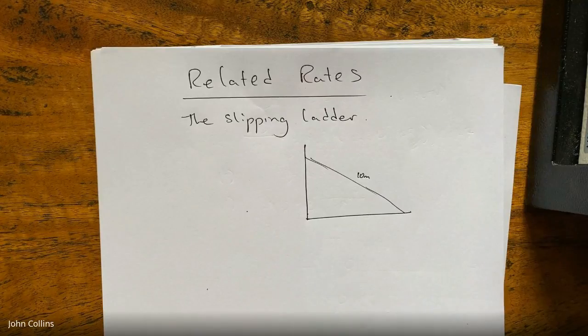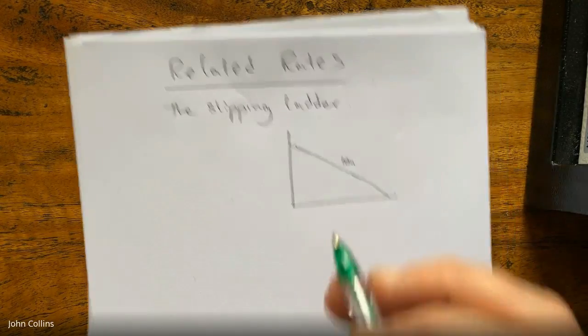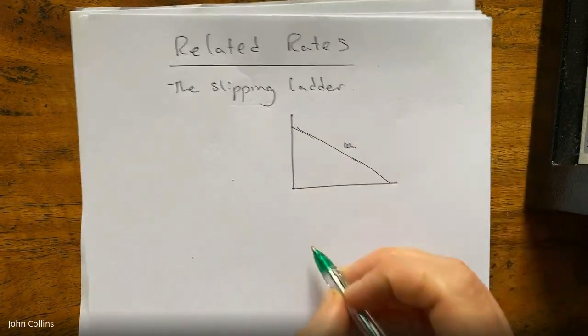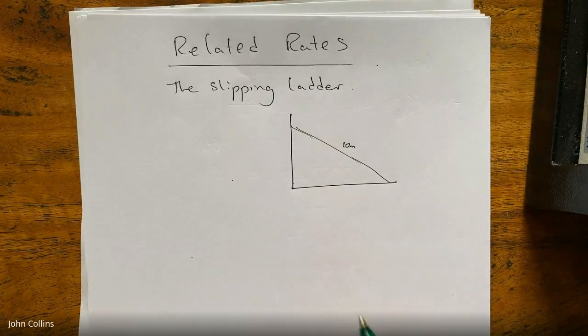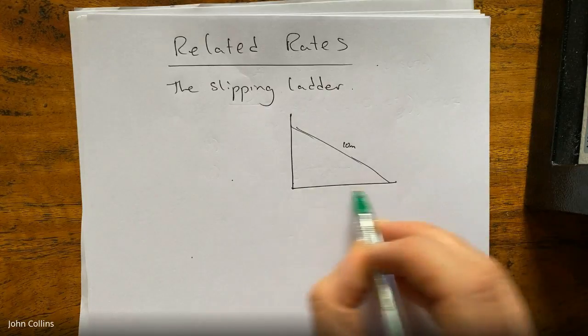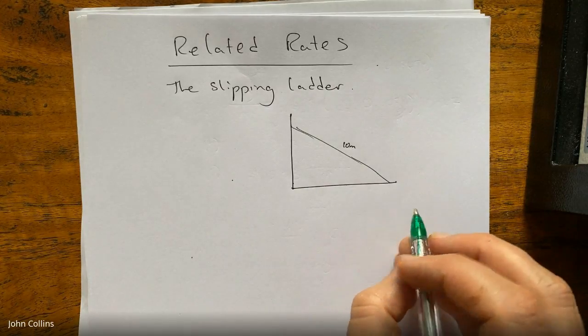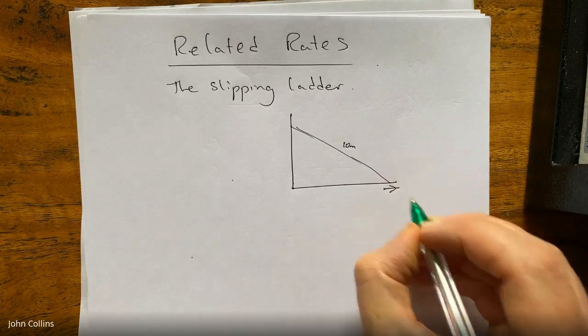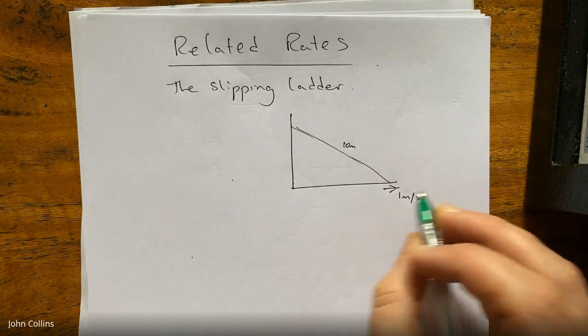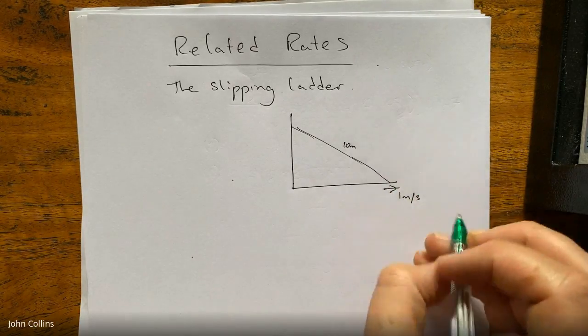the wall. And the question is, if it starts slipping, how fast is the top of the ladder slipping when the bottom of the ladder is a certain amount from the wall? So let's say the bottom of the ladder moves at 1 meter per second. It slips that way at 1 meter per second.